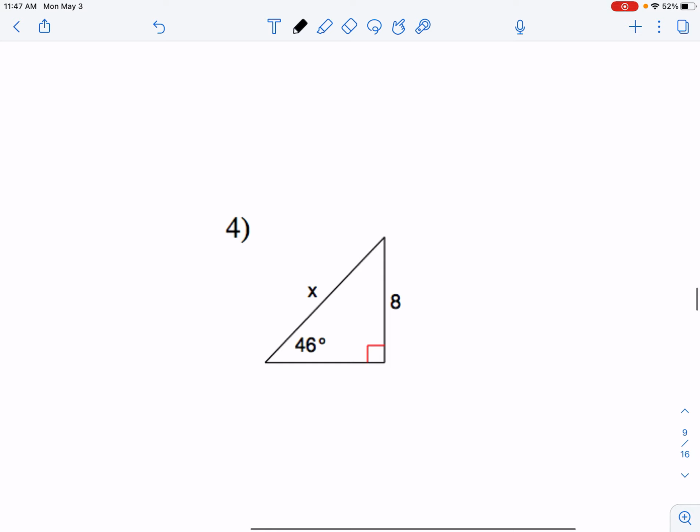Last one, number 4, draw my arrow, label and mark my hypotenuse. I see an angle that's not 90, so I trap it. When I trap it, it touches the adjacent and hypotenuse. I'm never going to get these mixed up because I always label my hypotenuse first. This forces my last one to be the opposite side.